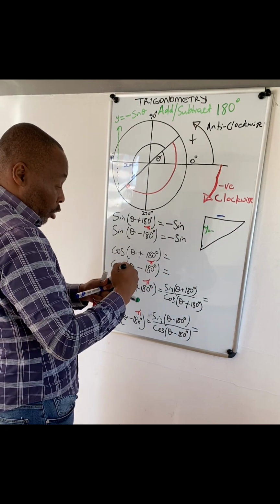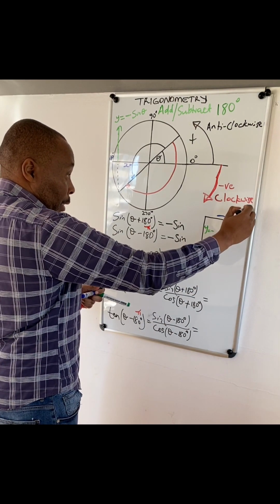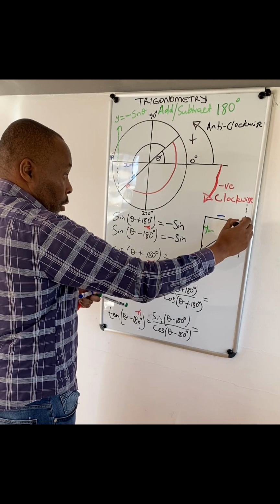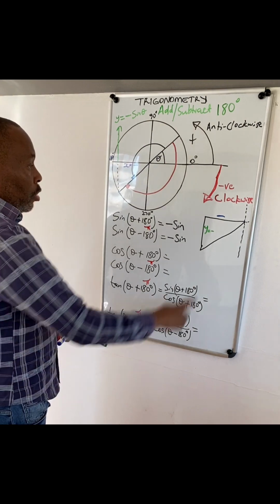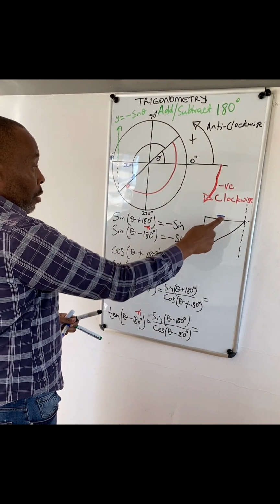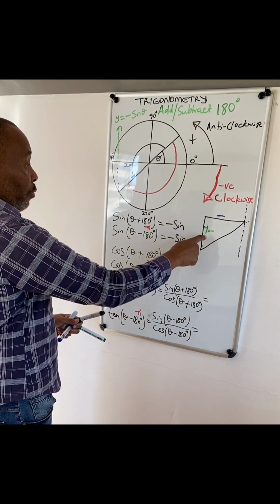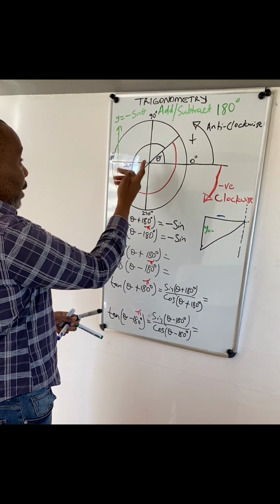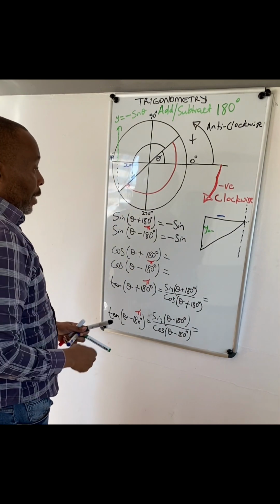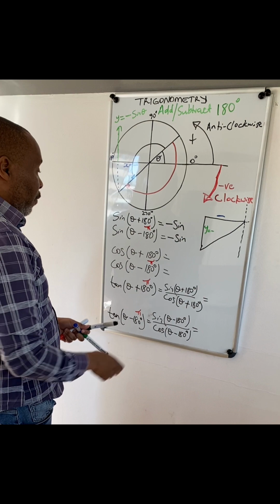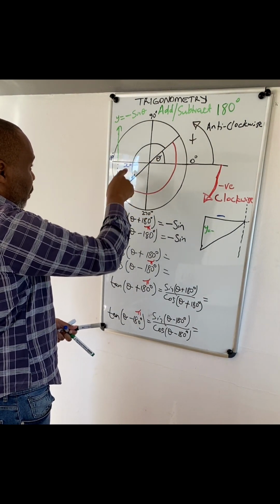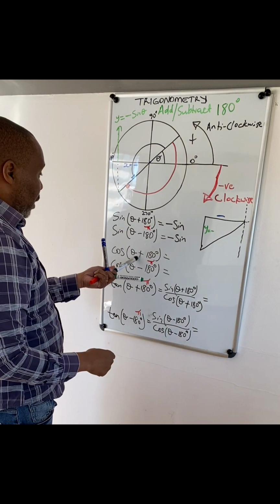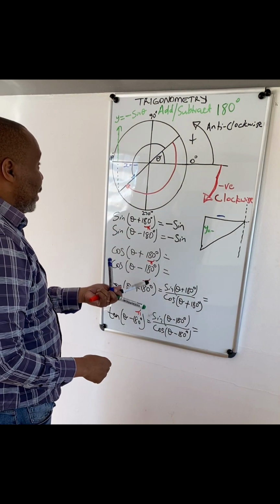Considering that your Cartesian plane cuts there, this is the negative part of x, and this is the negative part of y. Here, x is negative, y is also negative. So it comes from here right round, it becomes what? Cos 0 degrees plus 180 degrees.